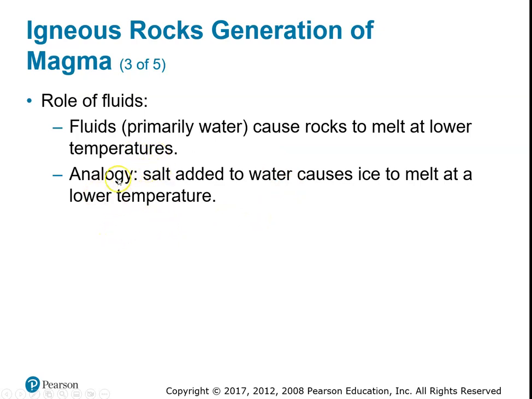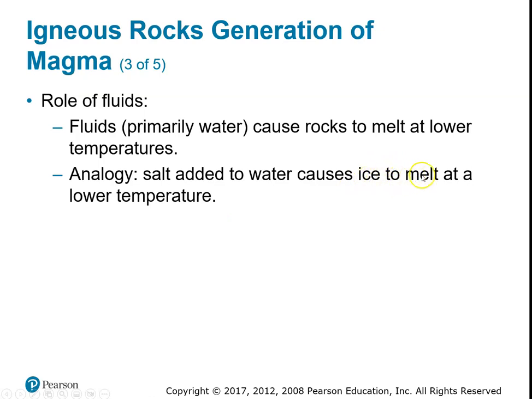So here's what happens. When you add salt to water, like for example, you have an icy road and you add salt to it. People do this in the wintertime. Governments do this, and what that does is it lowers the temperature at which ice can form.